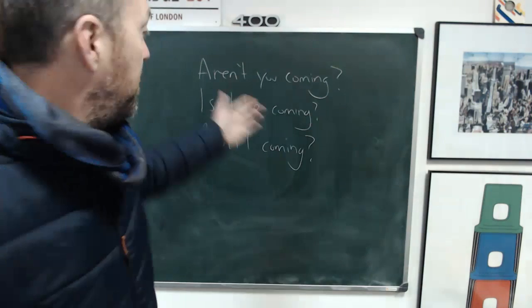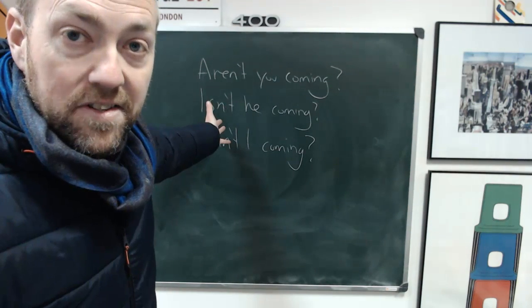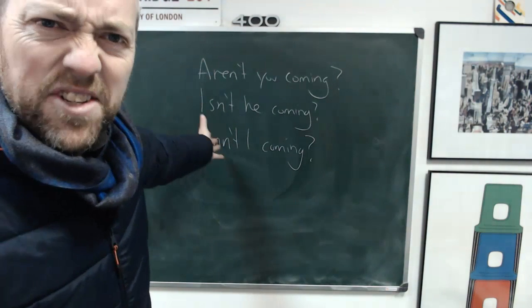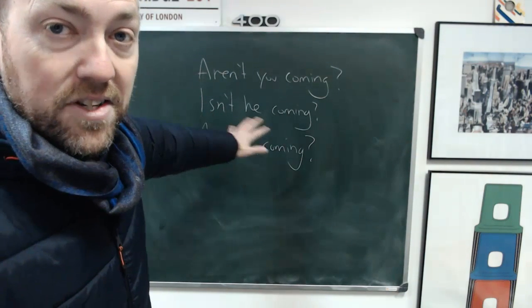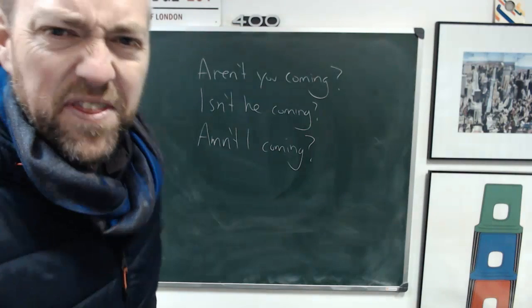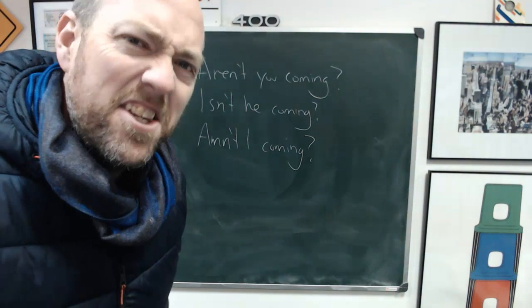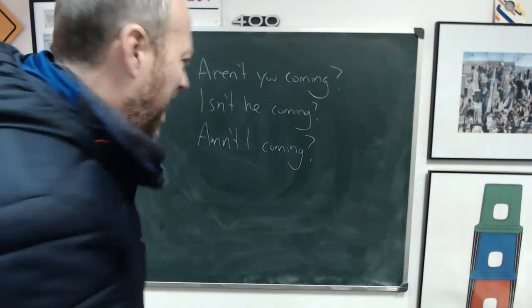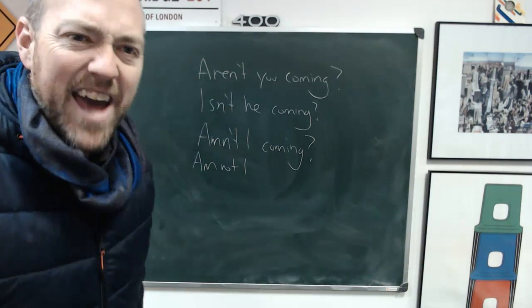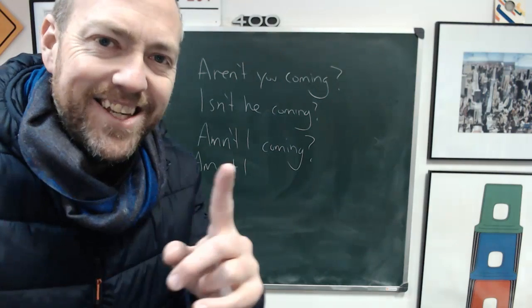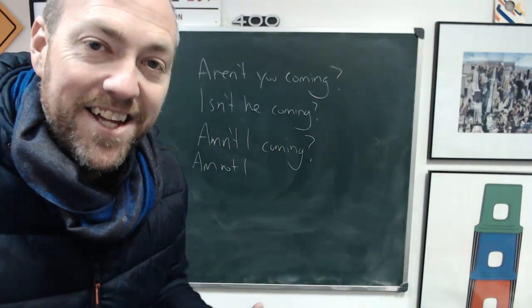Perfect. This contraction exists. And here, isn't he coming? Perfect. This contraction, isn't he coming, exists. But this one, amn't? Am not I coming? It doesn't exist in English.